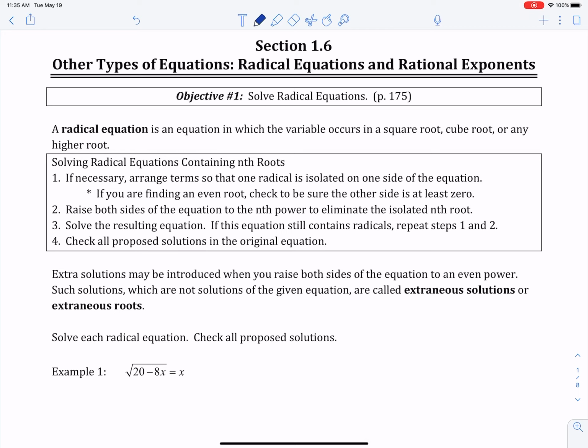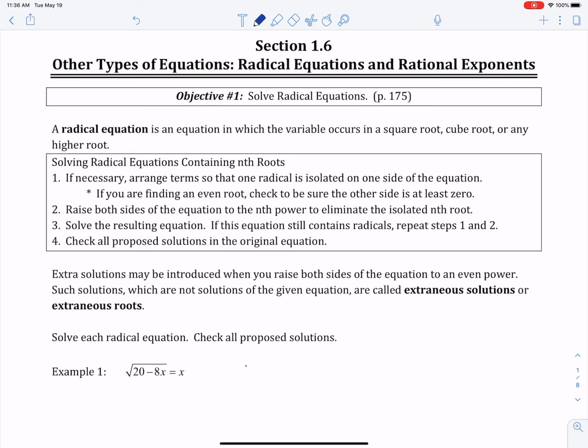Solving radical equations containing nth root. Strategy contains 4 points. Point 1. It is necessary to arrange terms so that one of the radicals is isolated to one side of the equation. For example, in example 1, the radical equation has been solved for already.